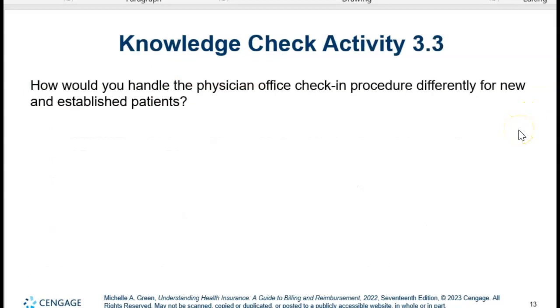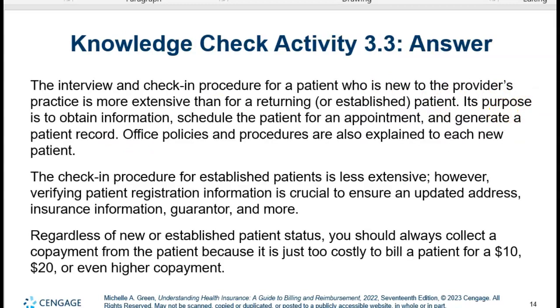So, how would you handle the physician office check-in procedure differently for new and established patients? When a patient comes in who's new, it's going to be more extensive than for a returning patient. So, if a patient is new, you have to generate a new patient record. The policies and procedures are explained.